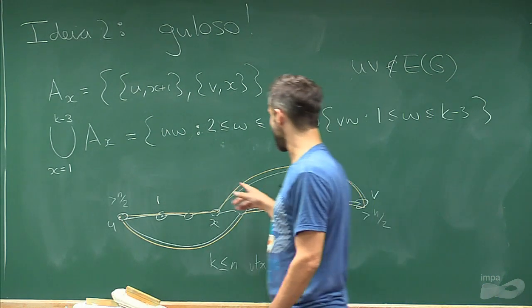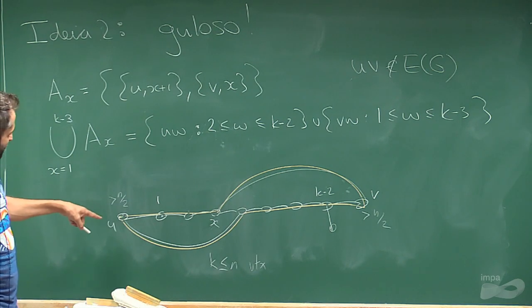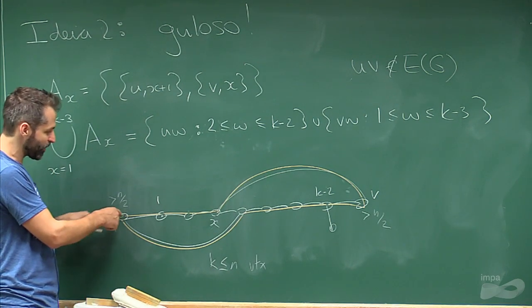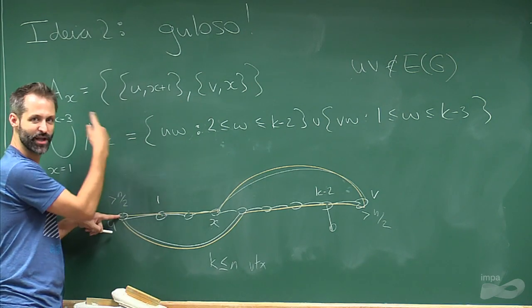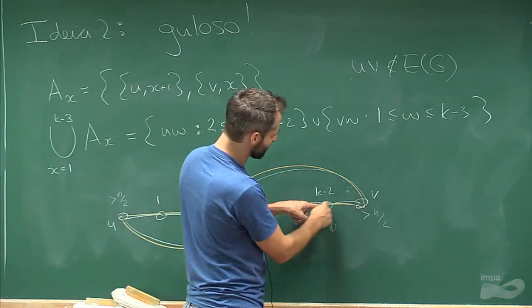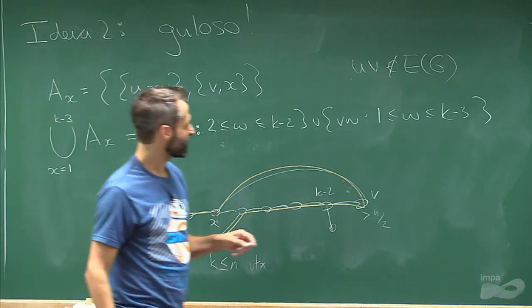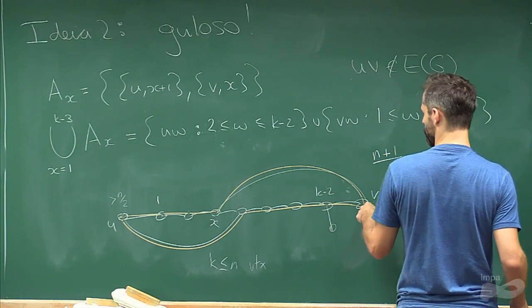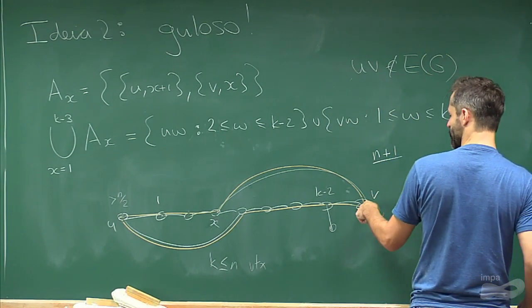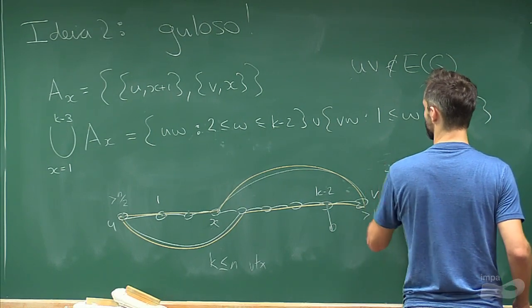And you know that you've got at least n over 2 coming out of u, including this one, which is not counted, and at least n over 2 coming out of this one, not counted. So they have a degree at least n plus 1 over 2, take away this one, and minus 1 over 2 times 2.